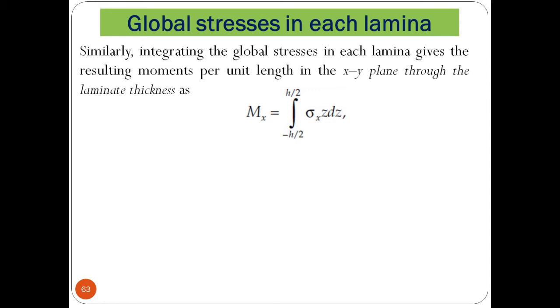Here z dz means we have considered the curvature in the direction of x, the curvature for the x moment per unit length. And here we can easily see this curvature is free from axis movement. Similarly, My equals the integration from minus h by 2 to h by 2 of sigma y z dz, and sigma y is the corresponding global stress for this My.